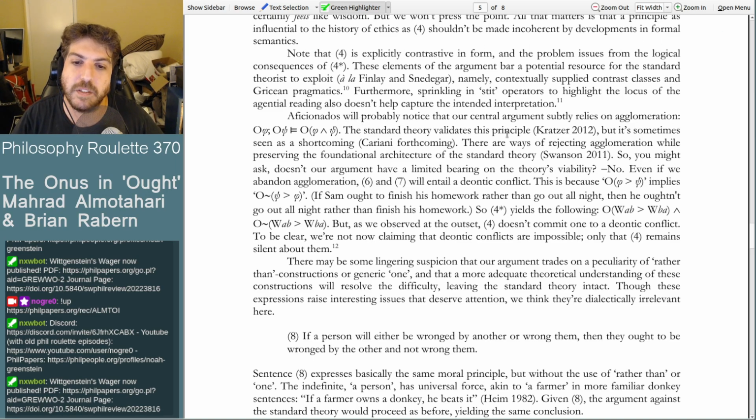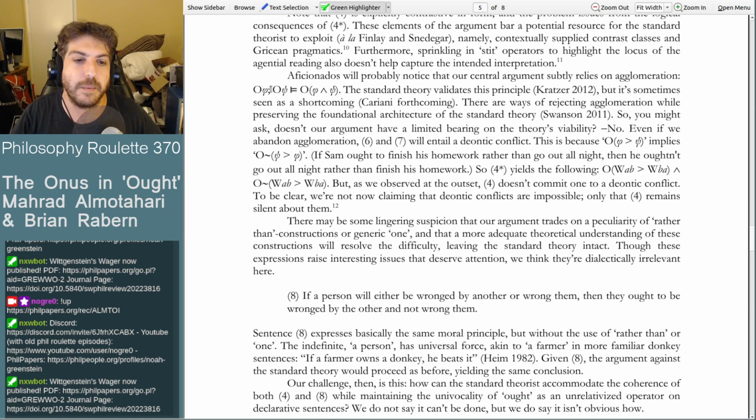Aficionados will probably notice that our central argument subtly relies on agglomeration. And that's, given phi, and if psi then semantically implies, means phi and psi. So, given phi, given psi, then you can make a conjunction of them. That's fine.